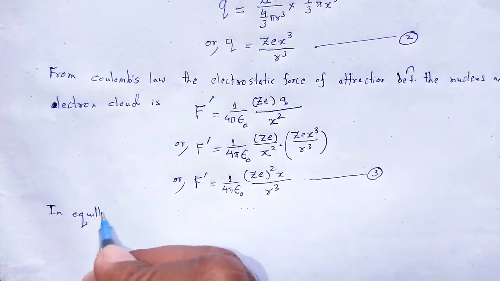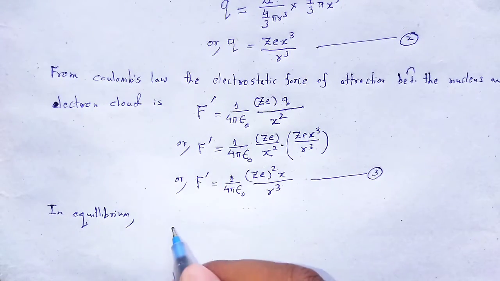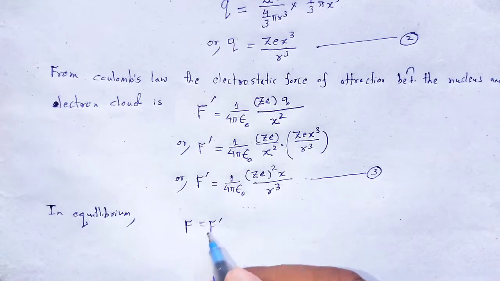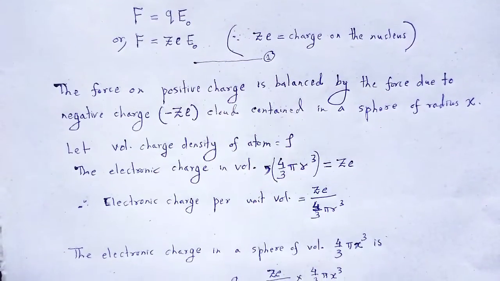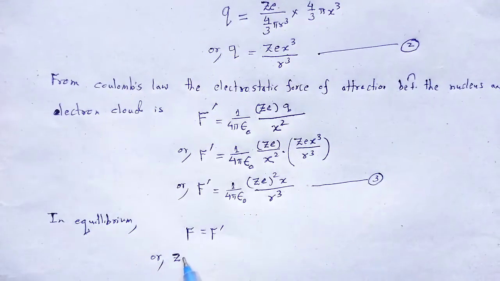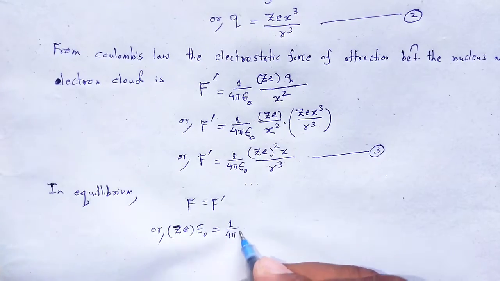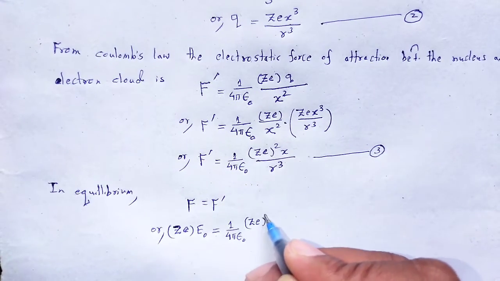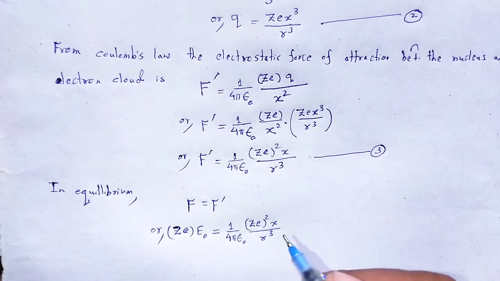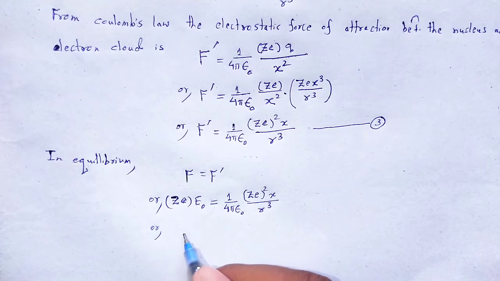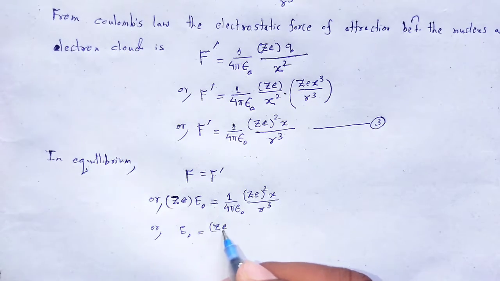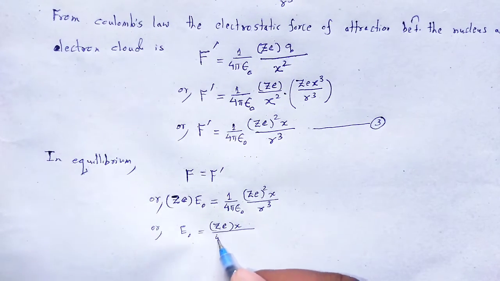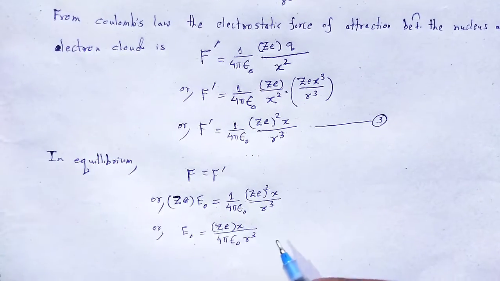In equilibrium, F is equal to F dash, value of F is Ze E naught, so Ze into E naught is equal to F dash, 1 by 4 pi epsilon naught, Ze square x divided by r cube, or E naught is equal to Ze into x divided by 4 pi epsilon naught r cube.